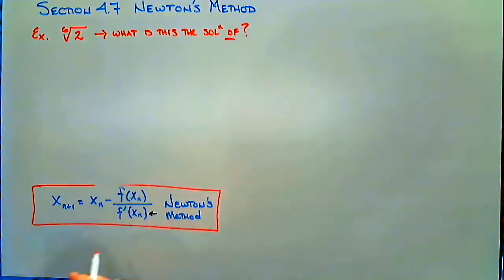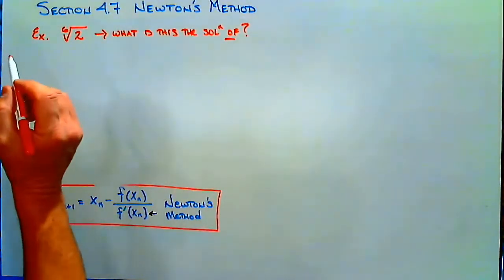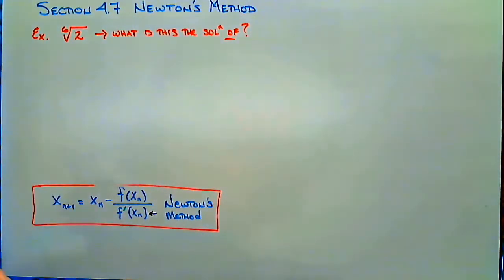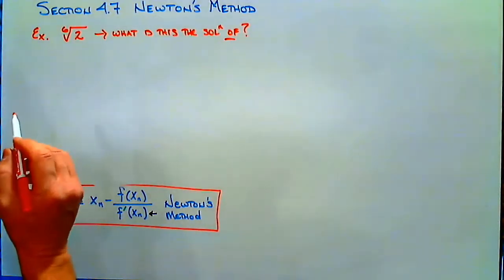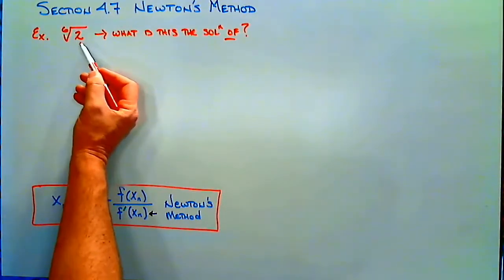We'll end the sentence in a preposition because it's a math class. So, actually, it's a question, isn't it? See, double math. What is this the solution of? Well, it doesn't take a lot of thinking for us to realize that this is the answer when we've taken the 6th root of 2. I mean, that's literally what it says.